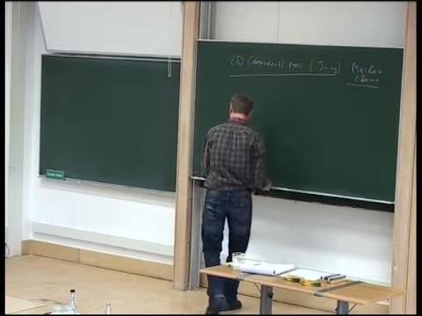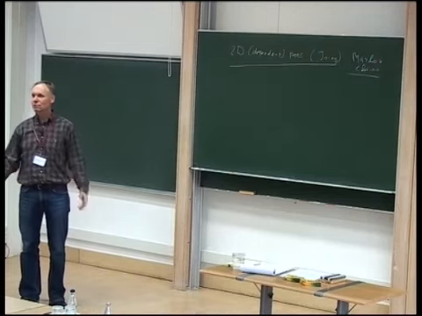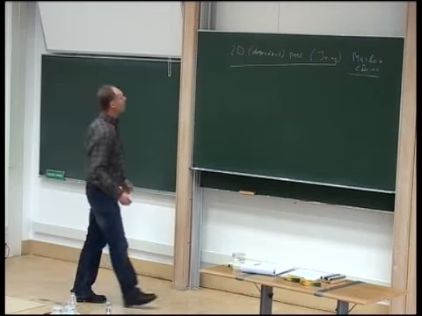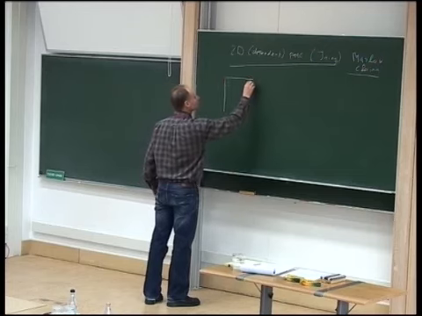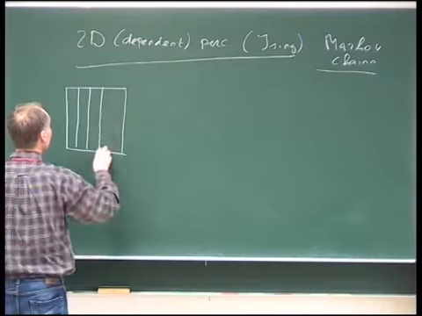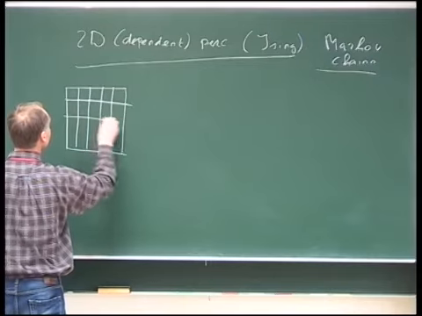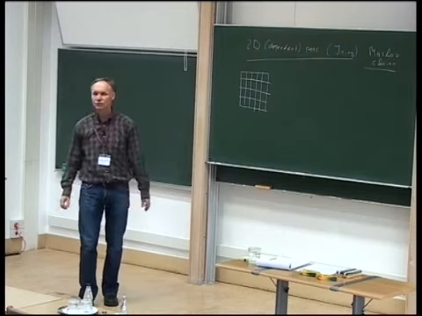But before I talk about dependent percolation, let me go back to the classical so-called Bernoulli percolation model, and I will restrict to the following lattice, which is called the square lattice. It's simply this. And also I will restrict to so-called site percolation, which means that the randomness is attached to the sites, or the vertices.